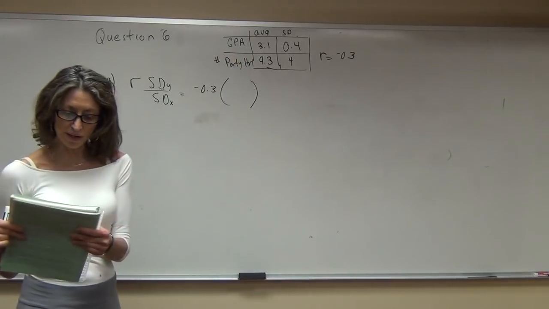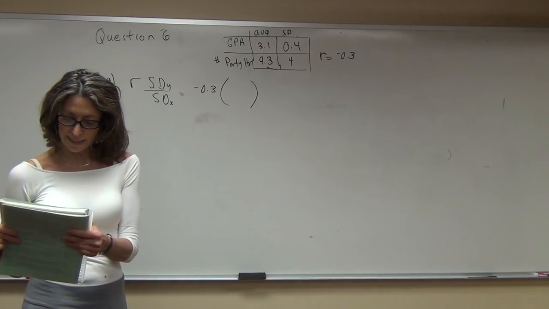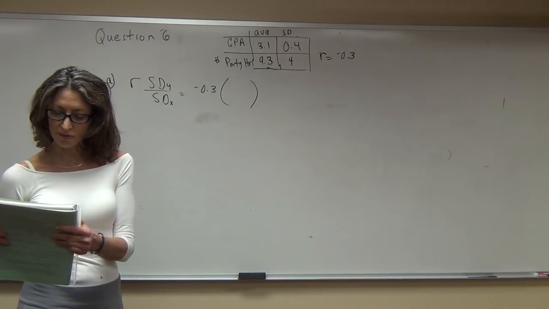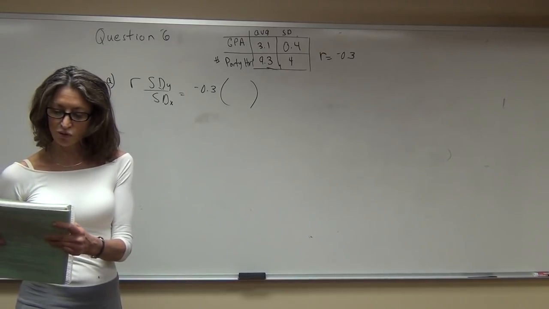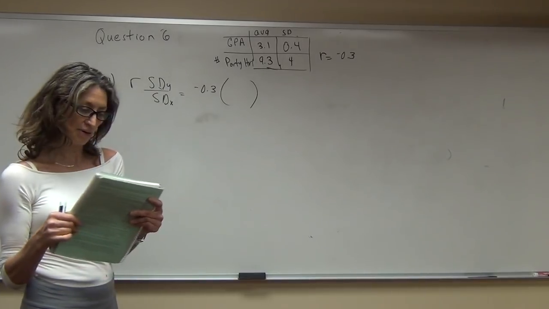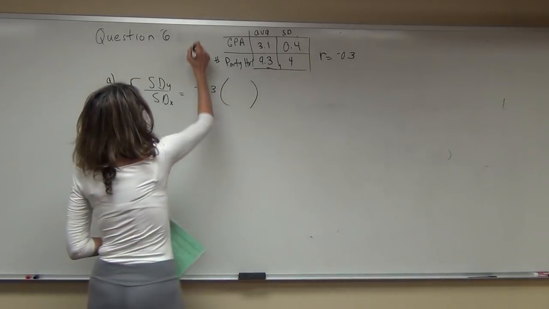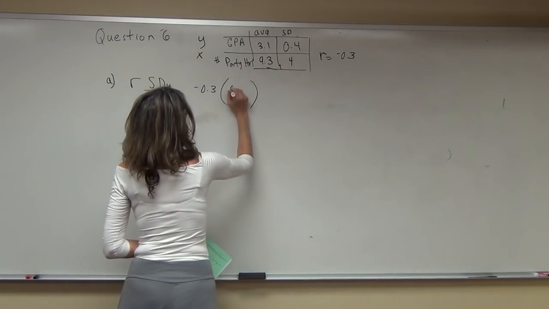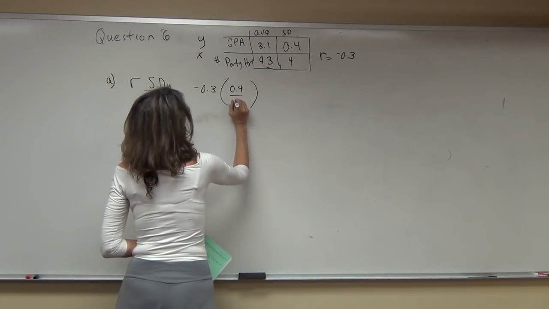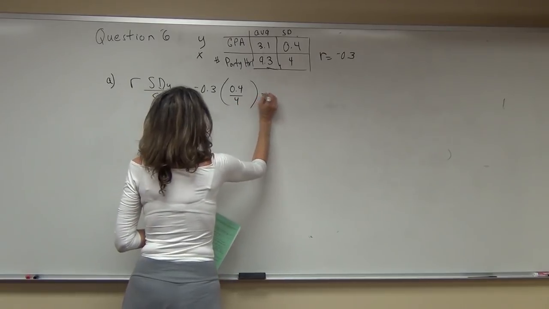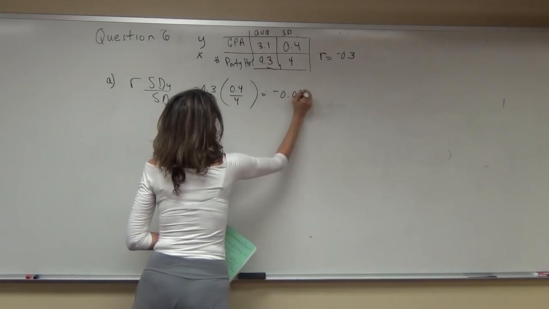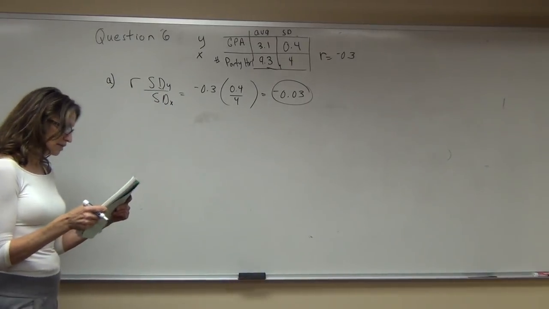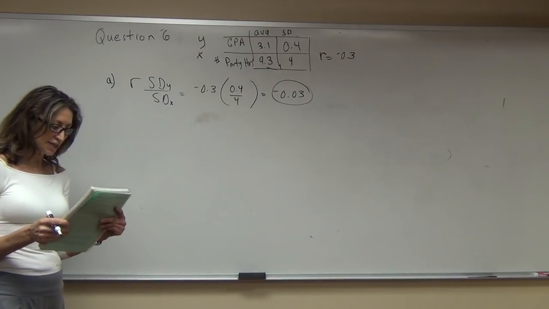You have to read the problem, and it says we're trying to predict GPA from party hours. So this is y, and this is x, and we have 0.4 over 4, so we have negative 0.03. That's our slope.